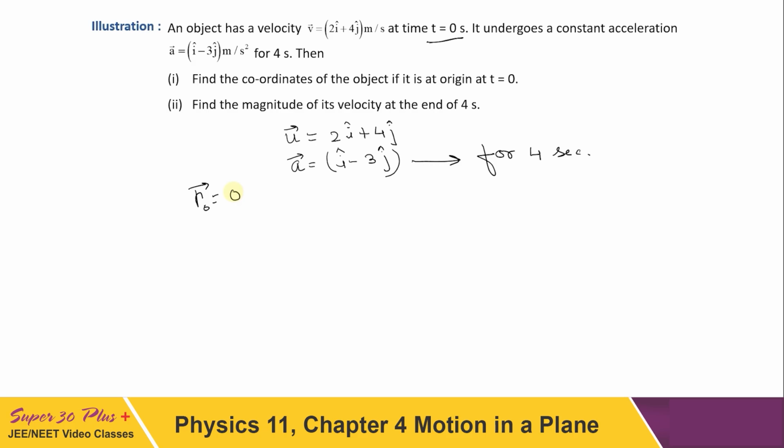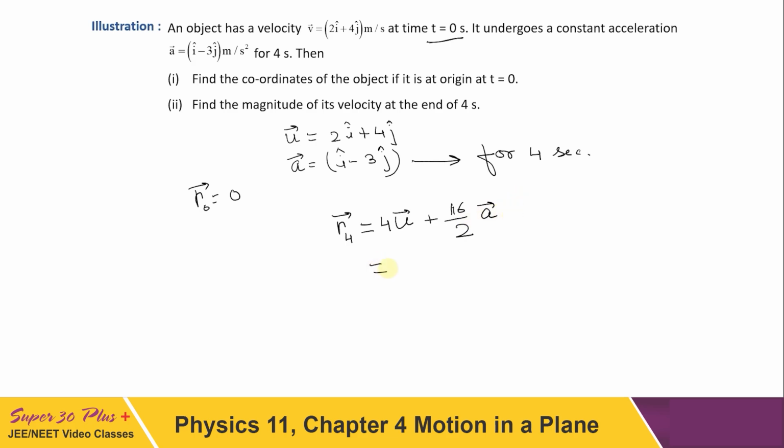Now you will see how the vector equation can be written directly even in case of 2D motion. So let us write the vector equation directly. I am writing the position at t is equal to 4 seconds, which can be represented as r4. That has to be equal to ut, with t equal to 4, plus half at square, and the square of 4 is 16.